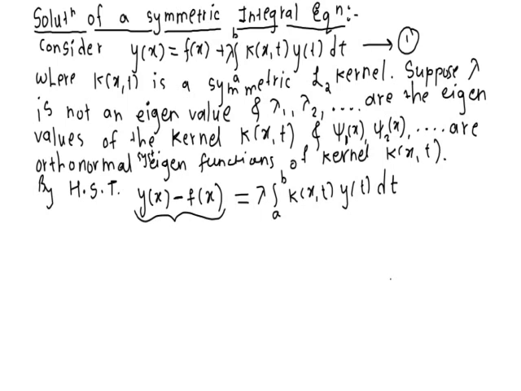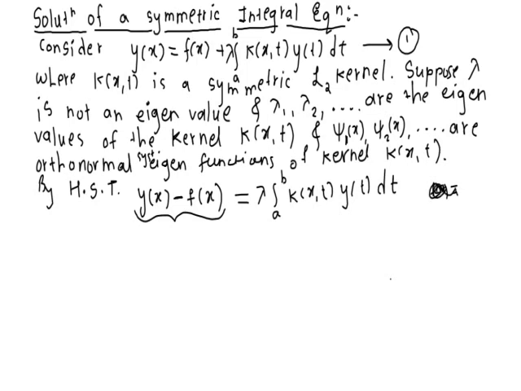If you remember the formula for the Hilbert-Schmidt theorem, when we started with it, what did I take? I took f of x to be equal to some integral k(x, t) g(t) dt.